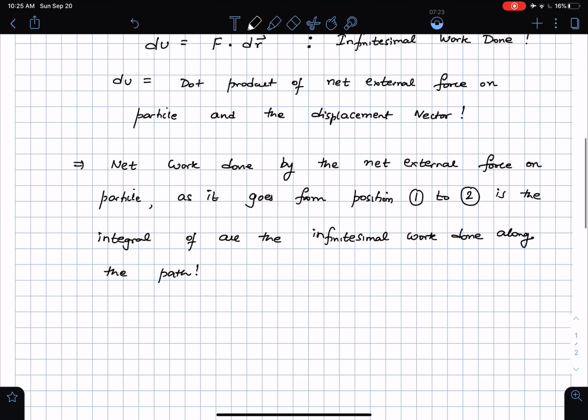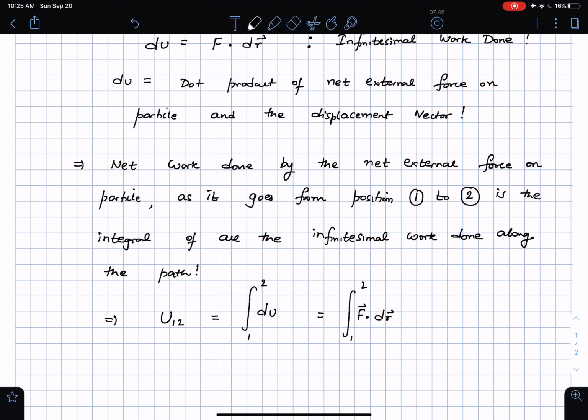So I can say U12, the work done as I go from position 1 to position 2, is the integral from 1 to 2 of dU. By definition dU is F dotted with dr, so this is the integral from 1 to 2 of F dotted with dr.